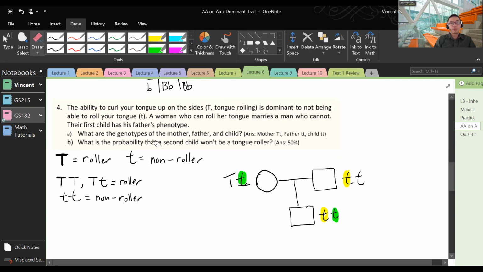B, what is the probability that a second child won't be a roller? So we will do the Punnett square. Okay, so the mother can either have eggs carrying the big T or eggs carrying the small t. Father is just going to have sperm that carries the small t. Okay, we technically don't have to do 2 rows, but whatever, we just do 2 rows here. So we combine them.